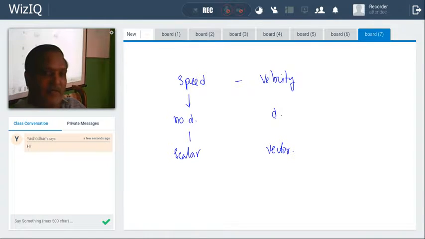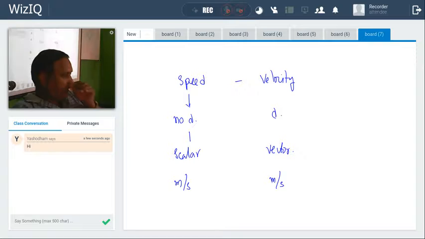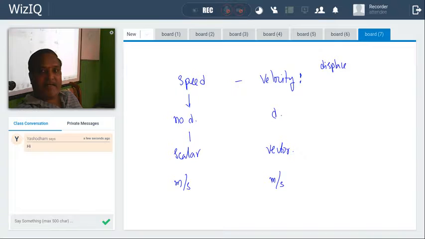And what is the unit of speed? Meters per second. Velocity also is meters per second in the SI system of units. So then, what is the velocity definition? Displacement by time. And what is speed?